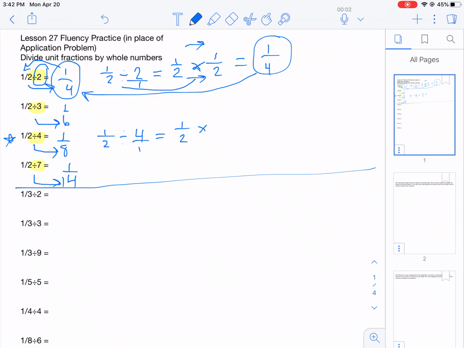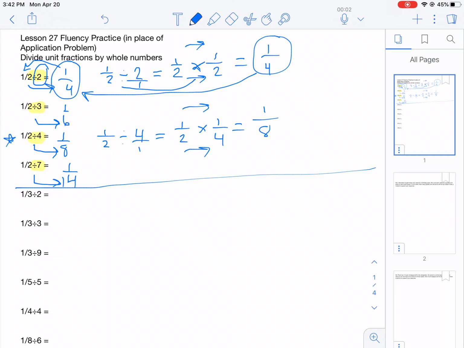Remember, the whole number 4 is the same thing as 4/1, and the reciprocal of that is 1/4. And when we multiply again, we multiply straight across. 1 times 1 is 1, and 2 times 4 is 8. So now I'm going to go over the rest of the problems down below using the strategy that I just taught you.